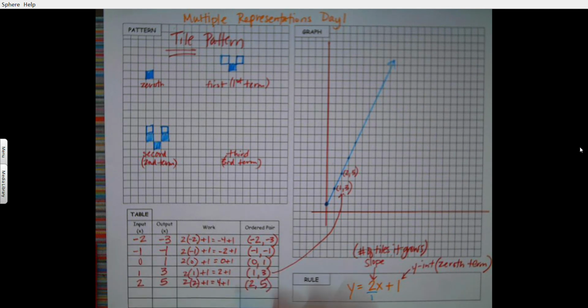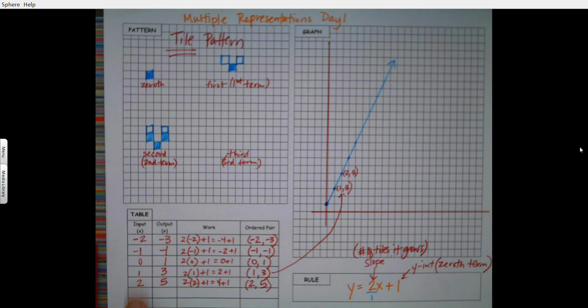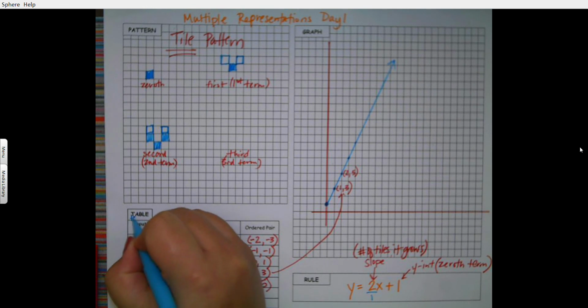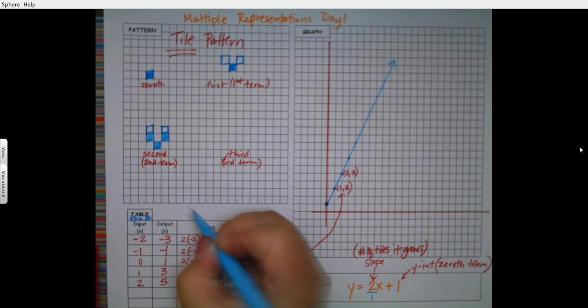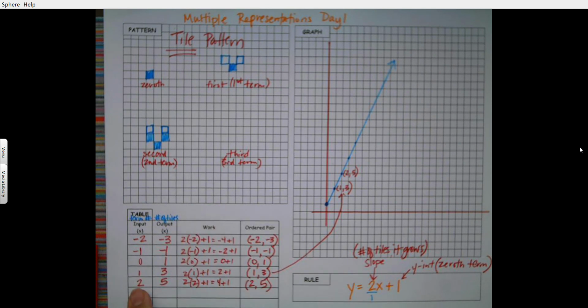Now if you want to go from here to here, look at this. Second term, my x is 2. This is term number. This is number of tiles. Number 2 has 5 tiles. Number 1 has 3 tiles.